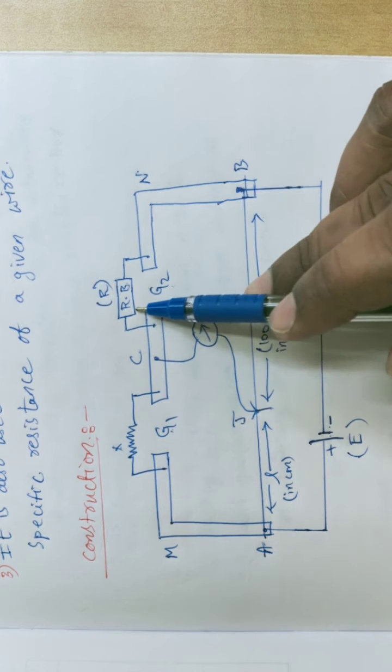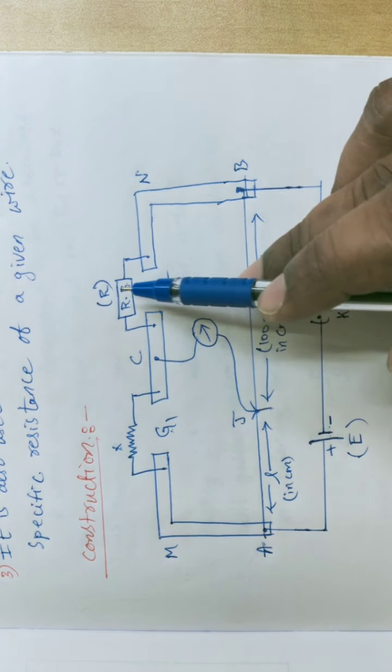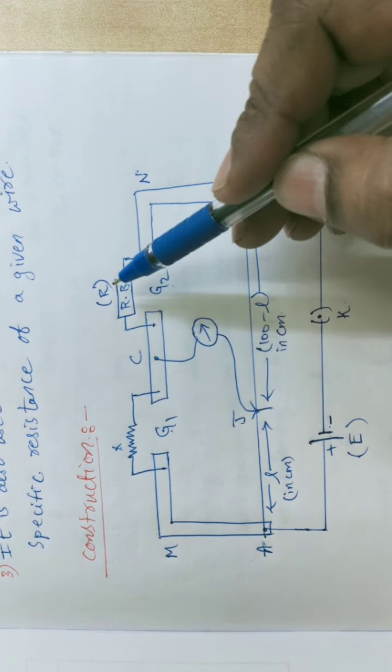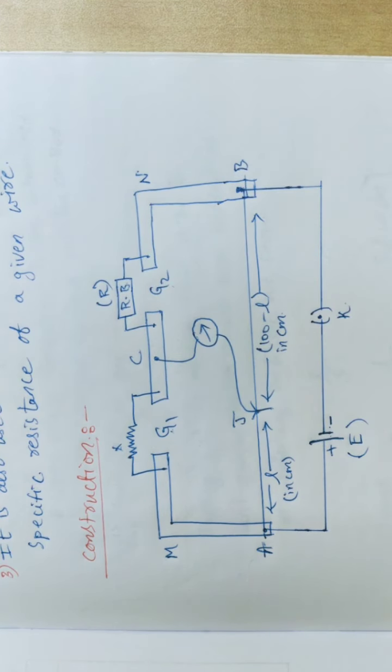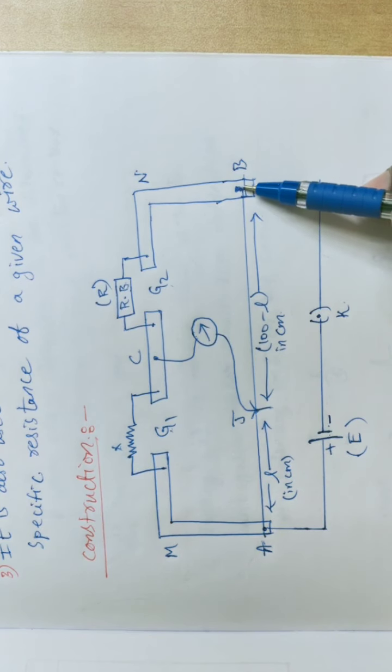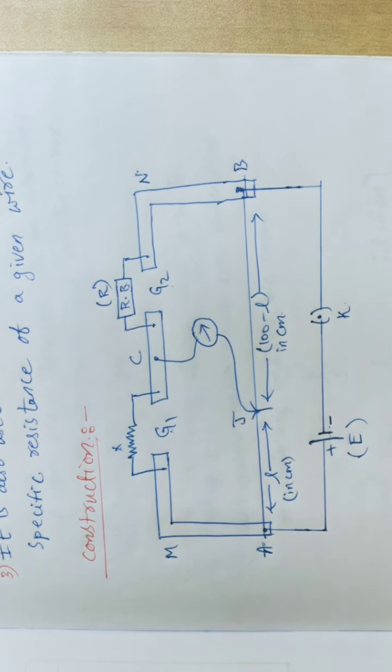This RB is nothing but a resistance box. This resistance box has some resistance, which I represent with capital R. Here between A and B some separation is present, and in between that separation, over 1 meter, I am introducing one manganese wire. Which type of wire am I using?